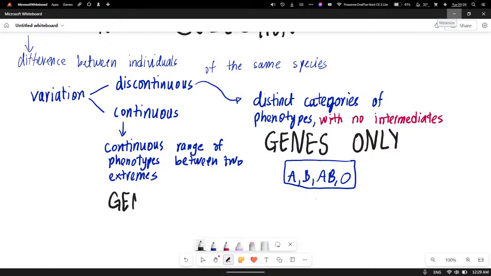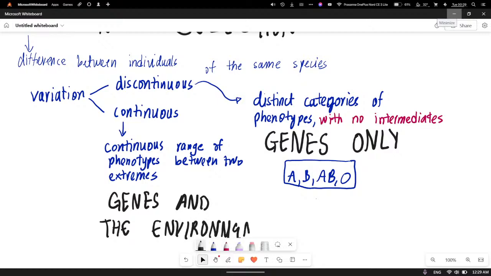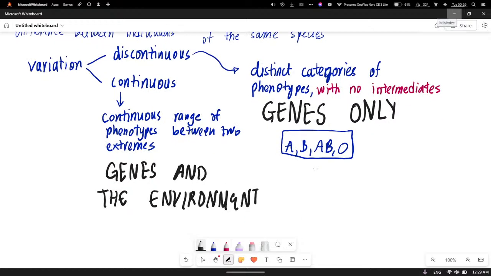Genes and the environment. Examples are your weight, your height, the length of a human. Only features from genes are passed on. Features from environment are not passed on. You need to remember that.